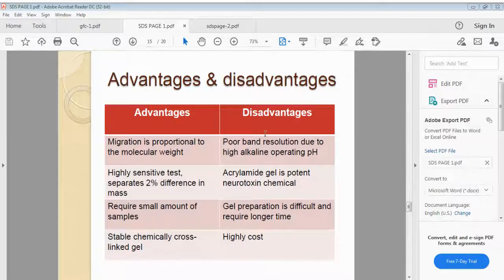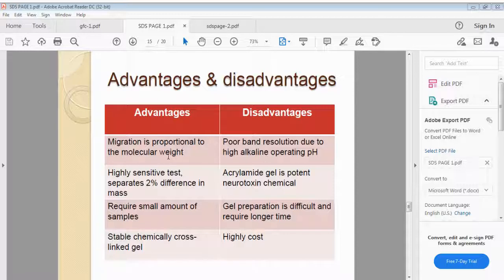Proper use of the polyacrylamide gel is very, very important. So here, what are the advantages? Migration is proportional to the molecular weight. So depending upon the molecular weight of the protein, the migration will happen. The smaller molecular weight protein will migrate faster to the end of the gel, and the larger molecular weight protein will move slower because of the difference in the size.